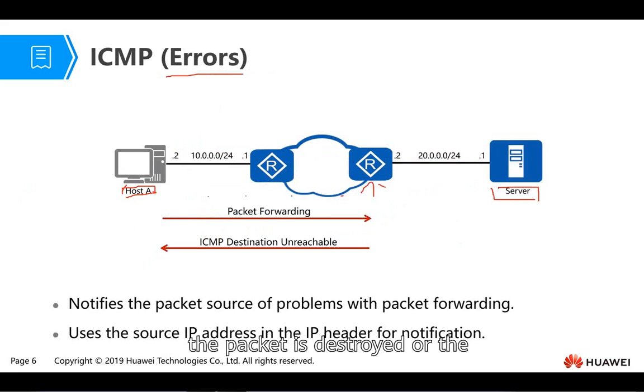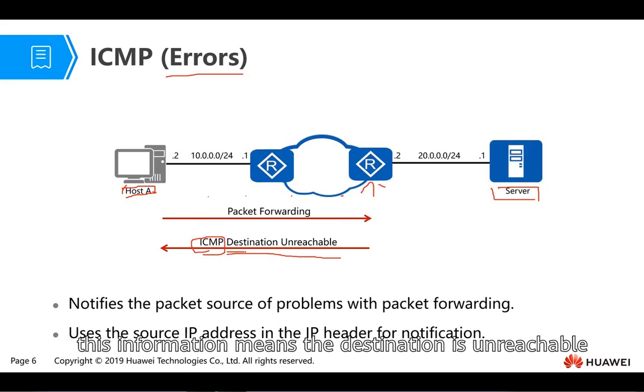The packet is destroyed, or the link's bandwidth is used up and the link is congested, so this packet cannot be forwarded and is dropped. Then this router will send an ICMP error report to the source, which is host A.